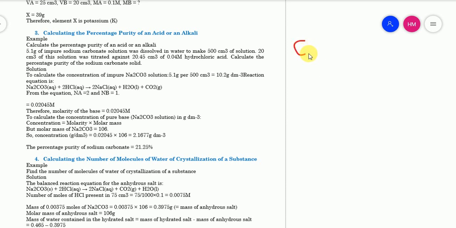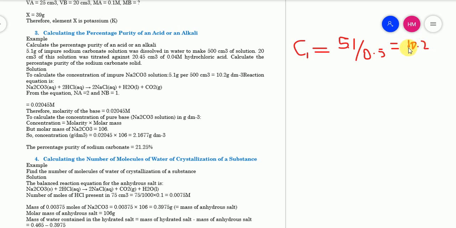Naomba niandike kabisa hii concentration impure, let's say concentration I, which I can call impure. Nitademonstrate vizuri kwenye video inayofuata. So concentration impure ni sasa ngapi? 5.1 gawanya kwa 500 cm cube, maana yake ni 0.5 dm cube, ambapo jibu lako la mwisho utapata ni 10.2 g/dm cube.